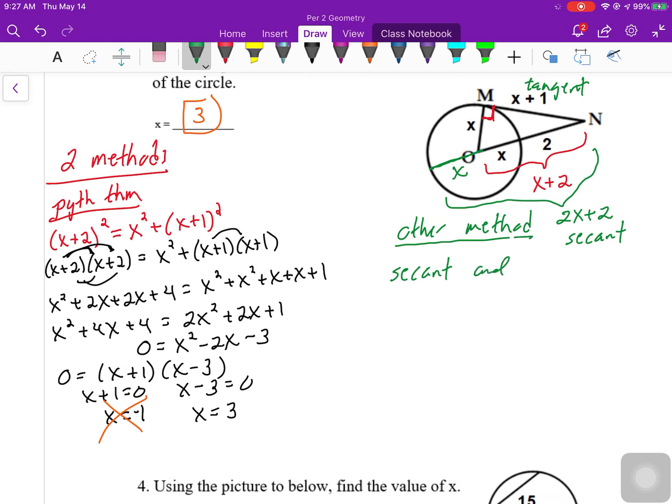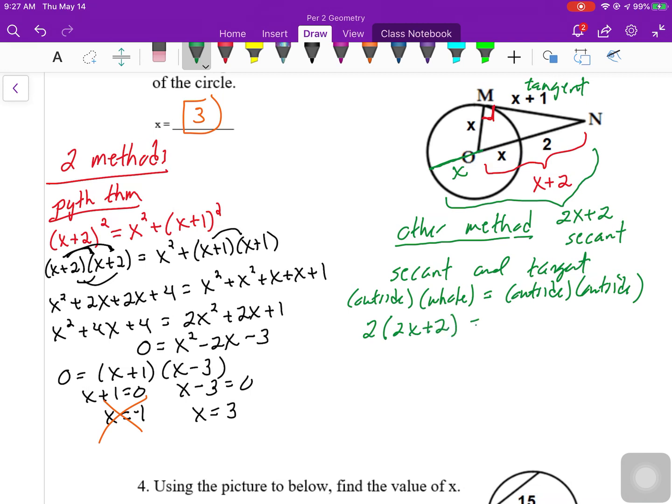And that's a secant segment. So we can do this problem as a secant and a tangent. And that was new to this chapter. For the secant, recall, we take the outside times the whole length. And then for the tangent, we only have an outside, so we take outside times outside.